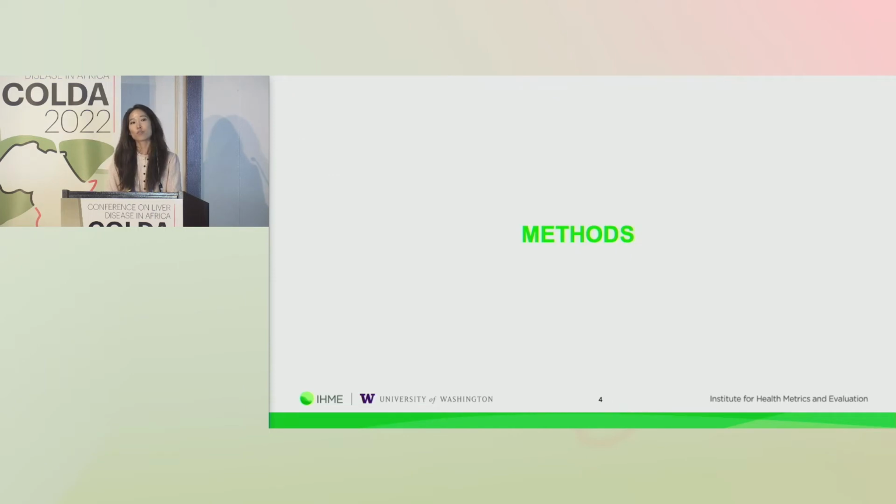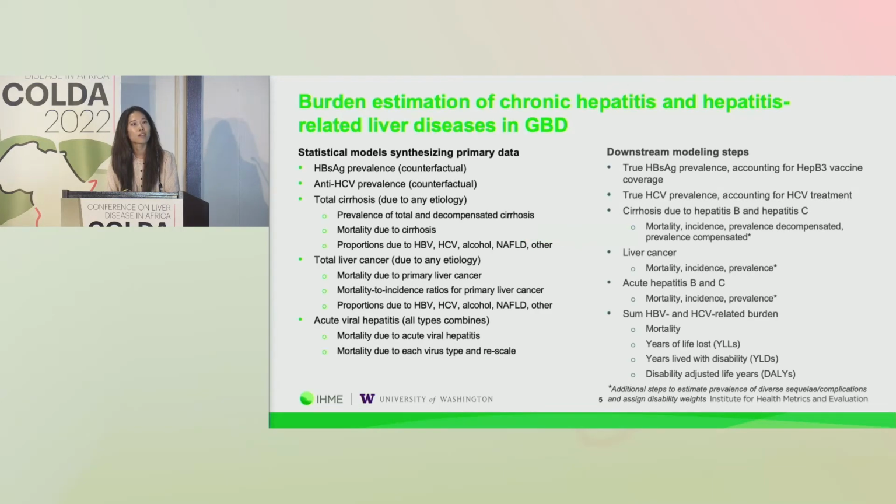So, going over some of the methods on how we estimate the burden of hepatitis. The burden estimation of chronic hepatitis and hepatitis-related liver diseases in GBD involves a number of statistical models to synthesize the primary data sources, and then we apply some additional modeling assumptions and steps to adjust and produce the final burden estimates in all of these locations.